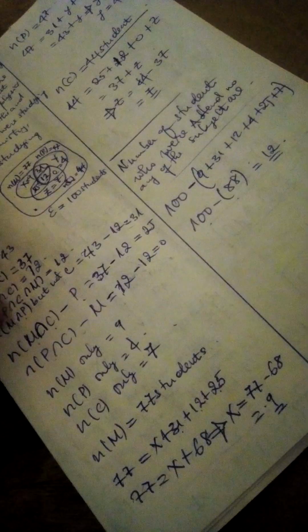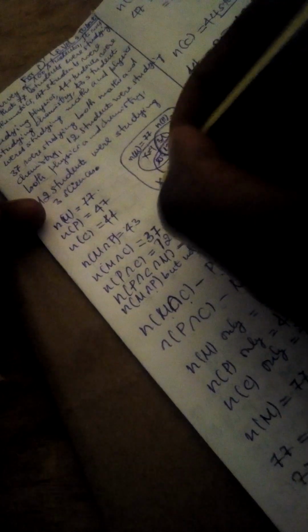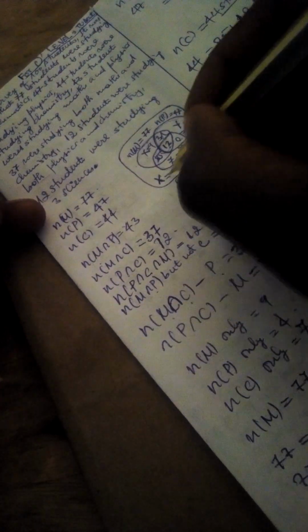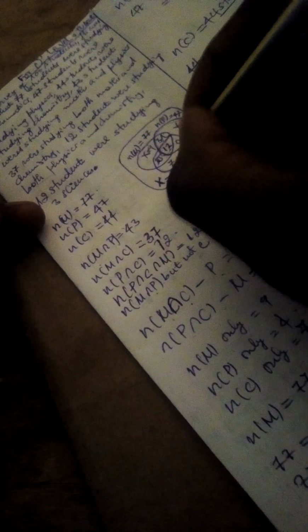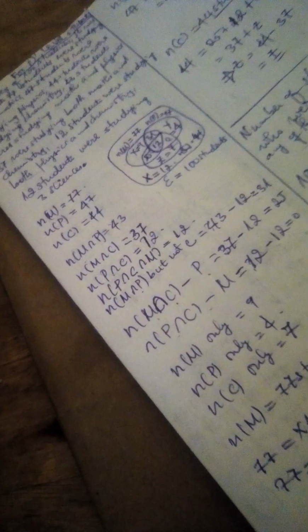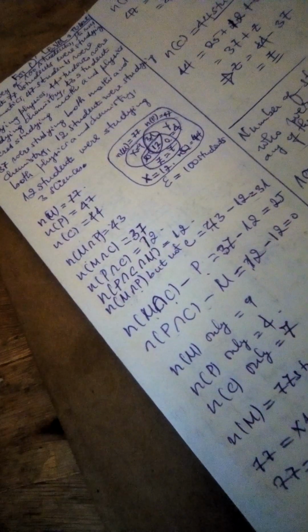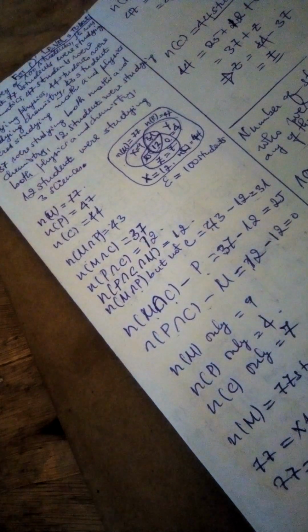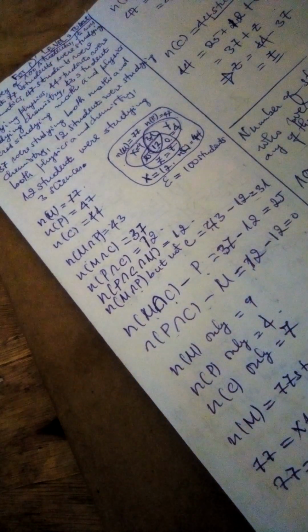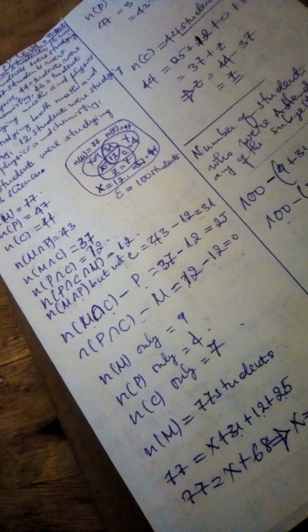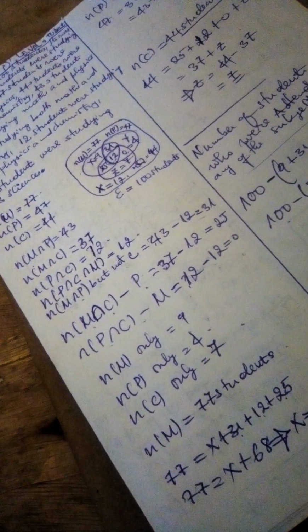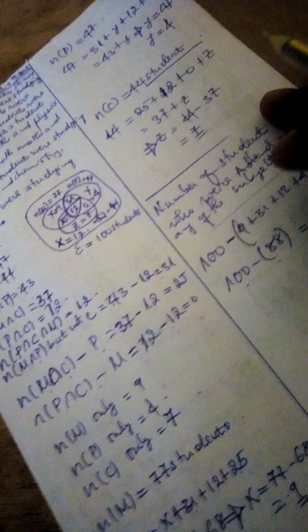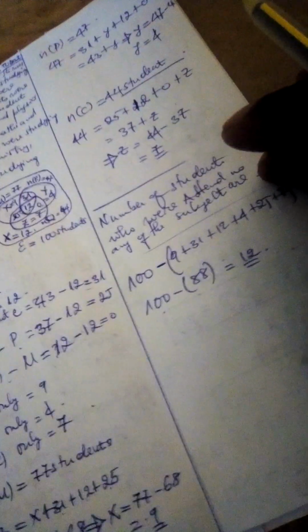So this number of students are here outside in the universal set. It is 12 students who were attending none of the subjects.